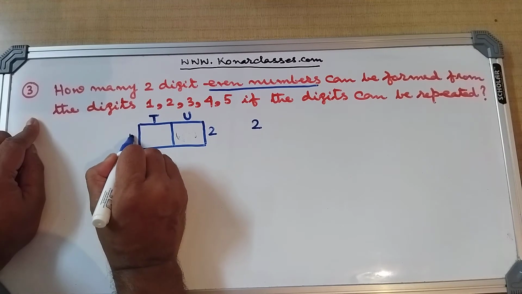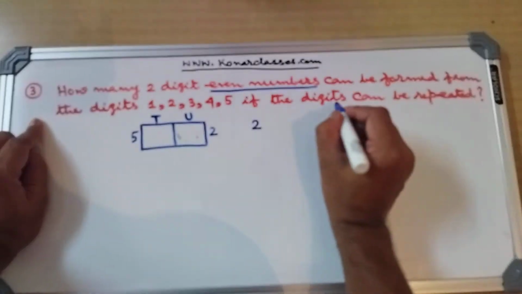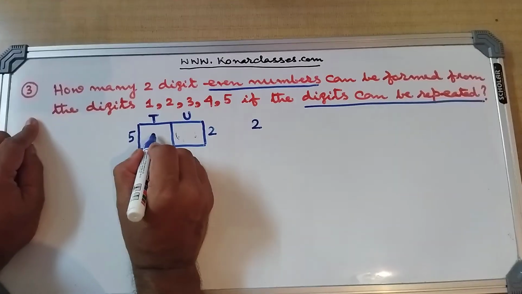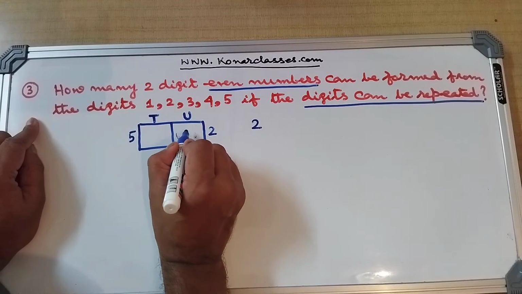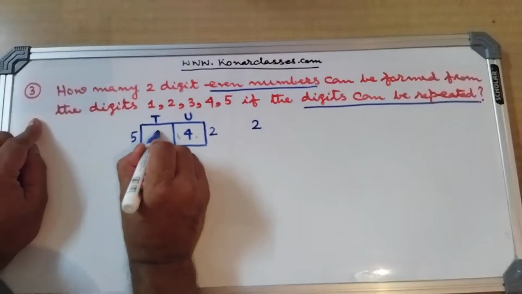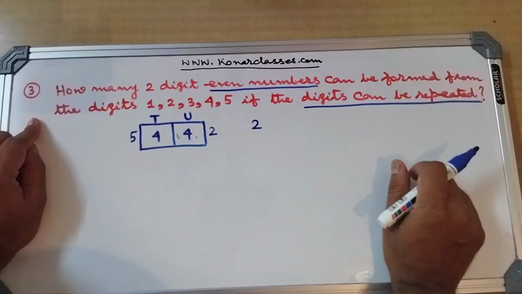Now once this units place is filled by either 2 or 4, that is 2 different ways, for each of these 2 different ways, the tens place can be filled in 5 different ways. How come? Because repetition is allowed. The digits can be repeated. So as digits can be repeated, suppose in the units place we wrote 4, in the tens place also we can write 4. No issue.